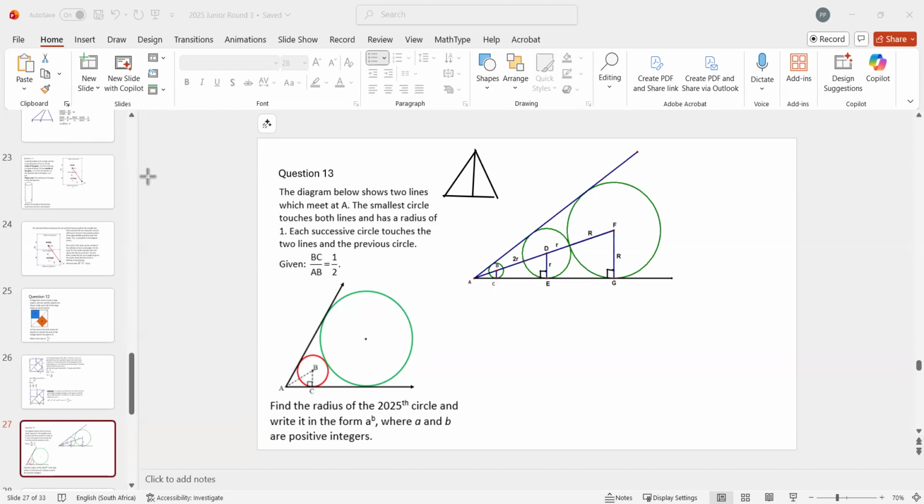And if the side of the equilateral triangle is A, 60 degrees, then this is also A. But when you split this thing up, it becomes two equal parts. So this part here is A over 2, you see.